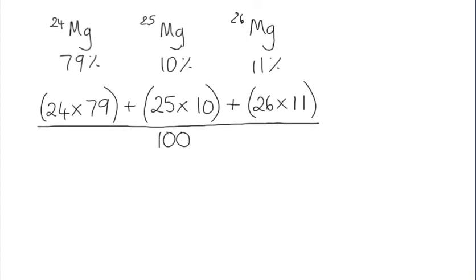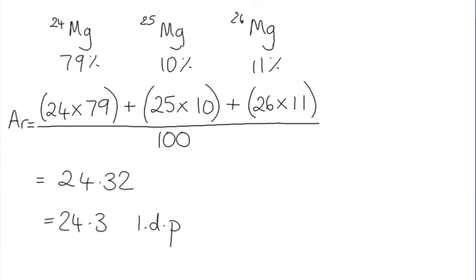In this case we've done percentages, so we've done it as out of 100, and this is going to give us our Ar. So type that on your calculator and see what you get. I got 24.32. The number in the periodic table is given to one decimal place, so we can see why that is 24.3.